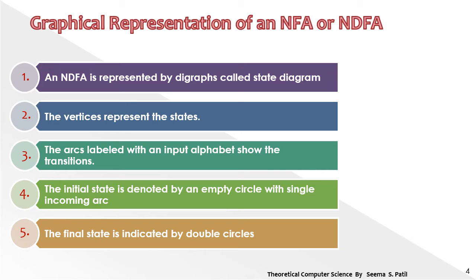It is represented by a diagram, meaning directed links in a graph, which is called a state diagram. The vertices represent the states, and arcs labeled with an input alphabet show the transitions. The initial state is denoted by an empty circle with a single incoming arc, and the final state is indicated by a double circle. It is the same as in DFA.